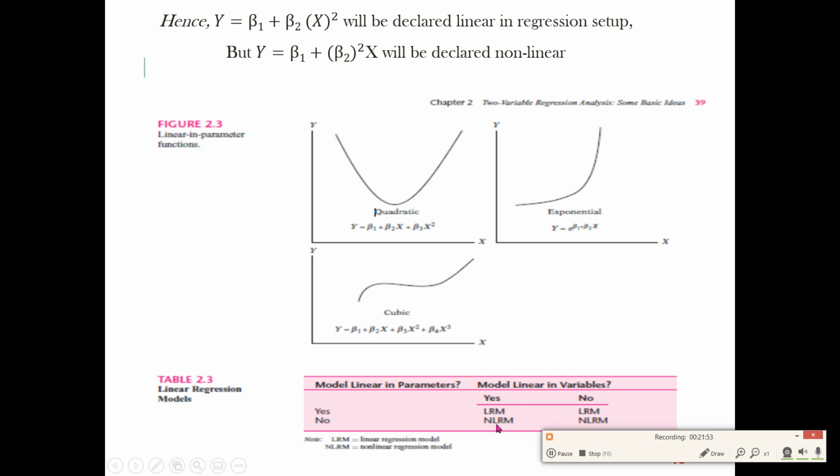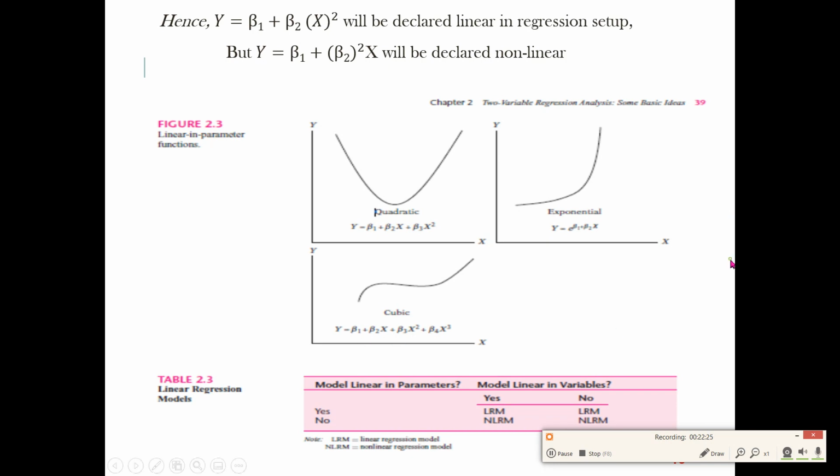Similarly, if you read the second entry here, if the model is not linear in parameters, that is, the parameters are raised to power other than 1, just like the second equation that we discussed here, then this will be a non-linear regression model. And similarly, other cells you can easily interpret. So this was about when to call an equation linear regression and when to call it non-linear.